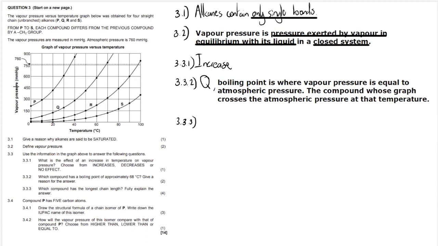Okay, and we know that chain length is directly proportional to the intermolecular forces, and so we will say that, which compound has the longest chain length, S has the longest chain length. And so at any given temperature, we can see that it has the lowest vapor pressure, or it has the highest boiling point.